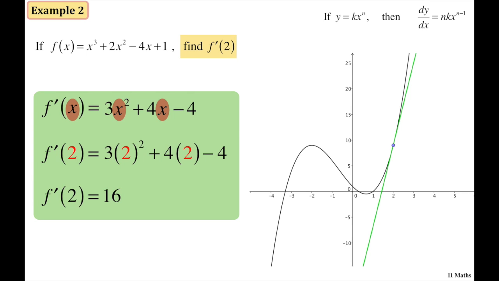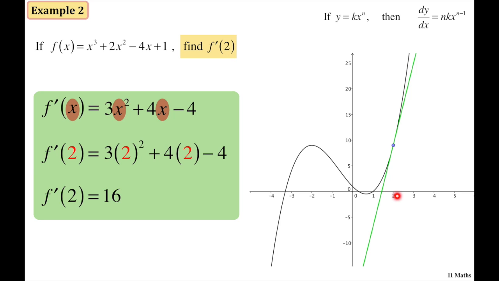If we have a look, this is what graphically we've just done. You'll notice that we've got the graph here, which is the cubic, y equals x cubed plus 2x squared minus 4x plus 1. We wanted to find the derivative when x was equal to 2.